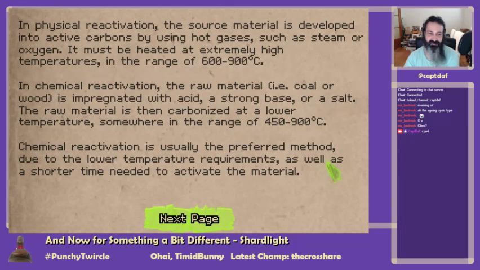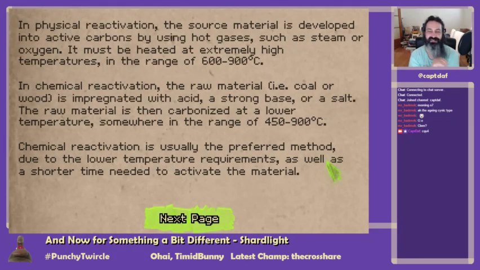Raw materials carbonized at lower temperature, some at a range of 450 to 900 degrees Celsius. Okay, so for a physical reaction, we need... developed into active carbons by using hot gases, steam or oxygen, heated at extremely high temperatures, 600 to 900 degrees.